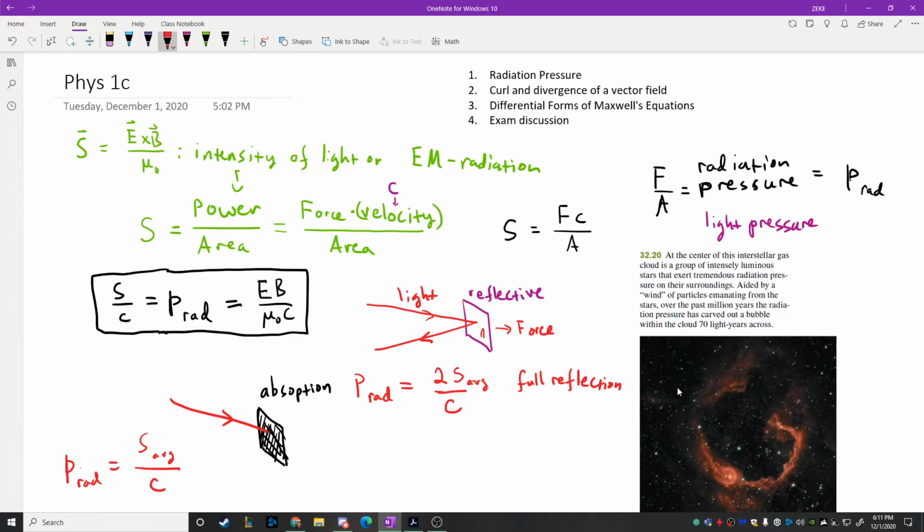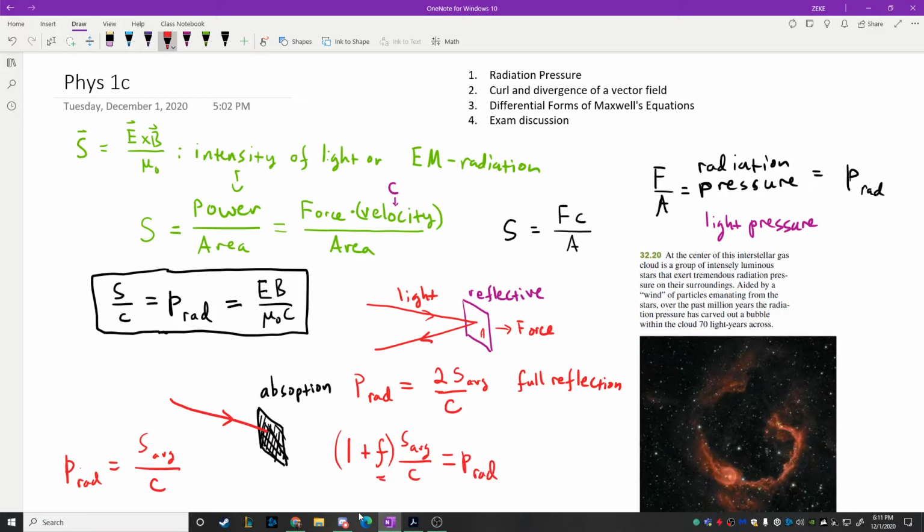And if you have something in between the two of them, then you're going to get a fraction in terms of how much light is reflected. So if you have like 50% reflection, this could become like 1.5. Sorry. I don't think your book puts it this way, but I think other books would say, you take 1 plus the fraction and you multiply by S average over c, and this gives you your radiation pressure, where F is the fraction.